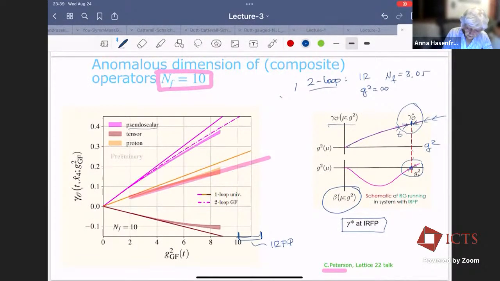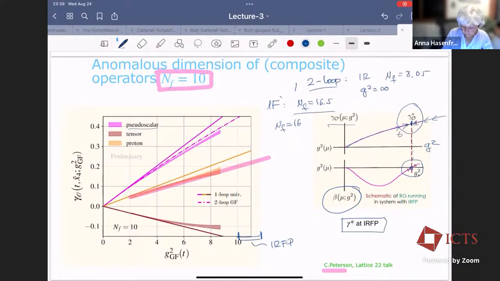We know that the infrared-free system shows up at NF 16.5, so that's the largest flavor number that we can have and still have asymptotic freedom. So for example, NF equals 16, nobody doubts is conformal. It has an infrared fixed point that's very small.